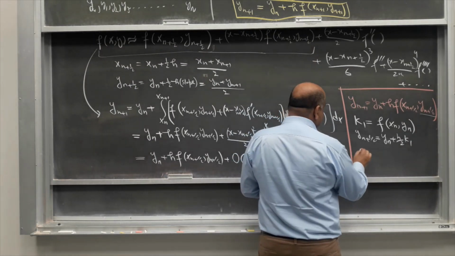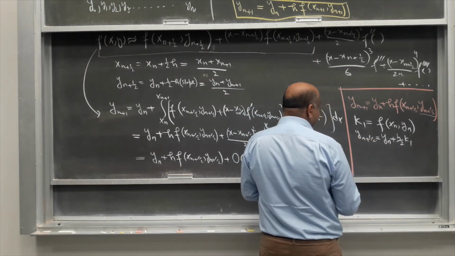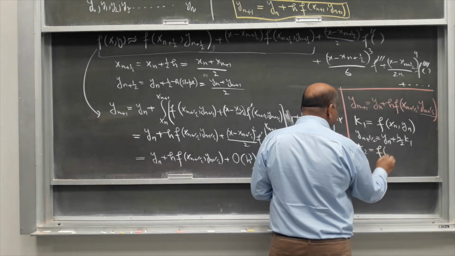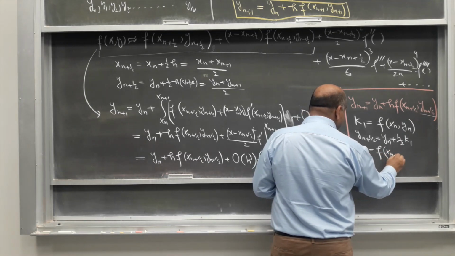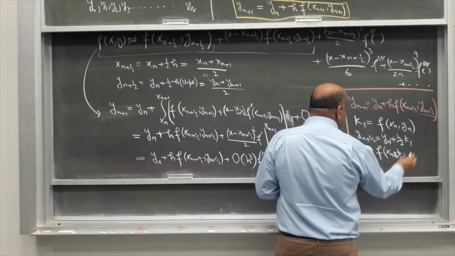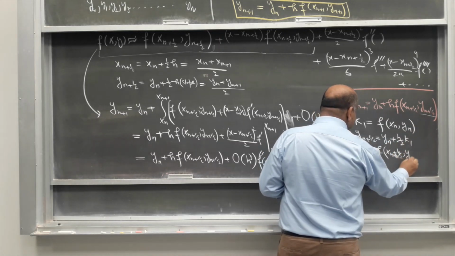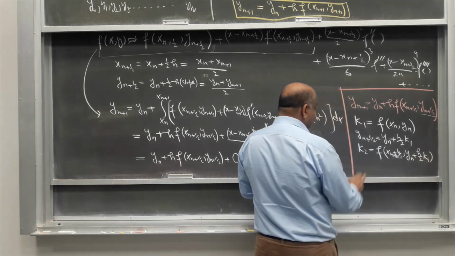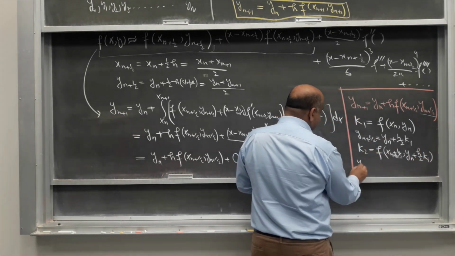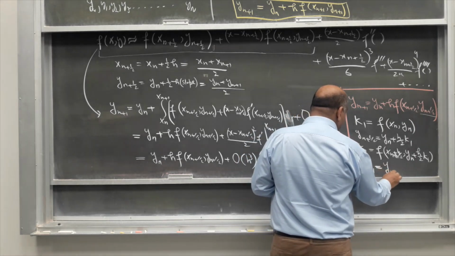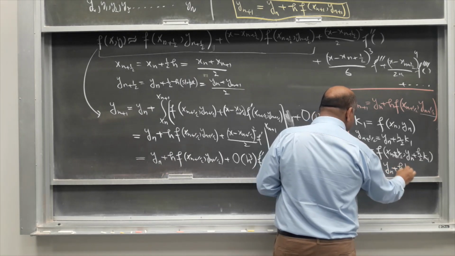And once I have this yn plus half, I can define a k2, which is nothing but f of xn plus h by 2, where xn plus half is xn plus h by 2, and this yn plus half is yn plus h by 2 k1. So once I have this k2, yn plus 1 is equal to yn plus h k2.